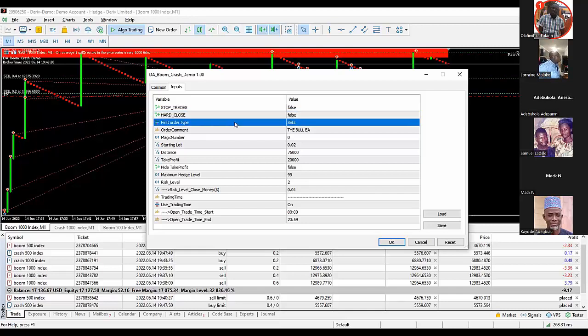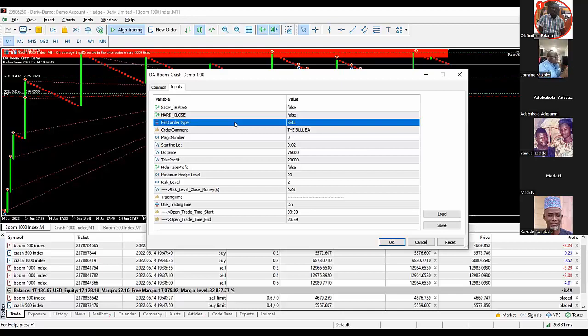Now, if you come to first order, in Boom we normally sell. Why do we sell? Because selling is the trend in Boom. And most of us that are traders know that the trend is a friend for a trader. So that's why in Boom we tell the robot to just sell. It will not do anything other than selling.